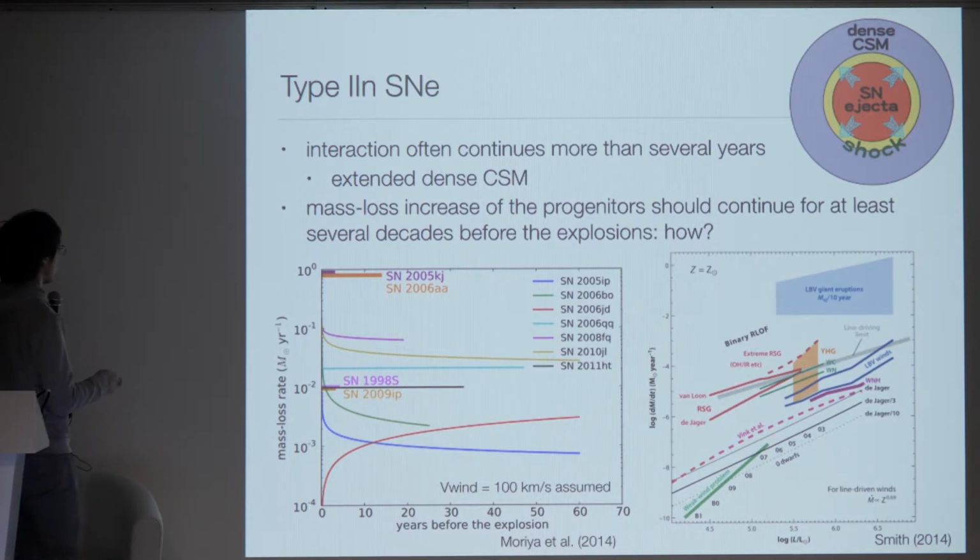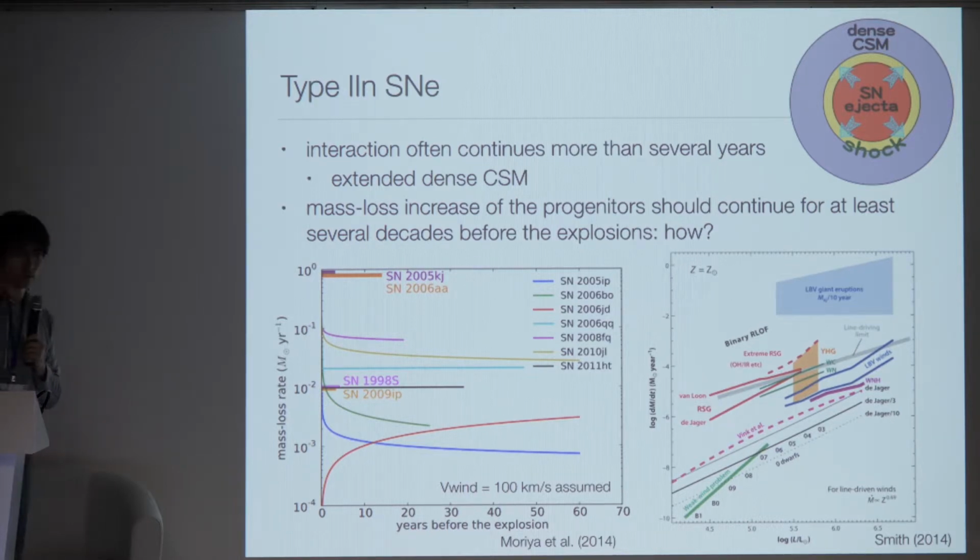There seems to be some correlation between the time of explosion and the mass loss rate, but this is not fully clear. In any case, this mass loss rate must be increasing more than 100 years before the explosion, compared to the standard stars we see in our nearby universe.